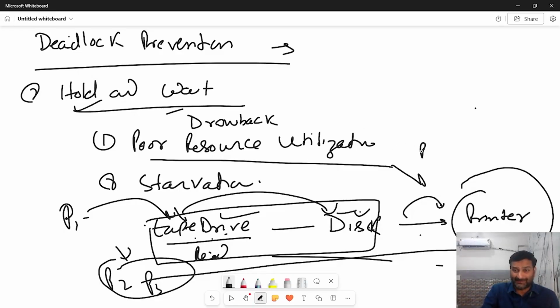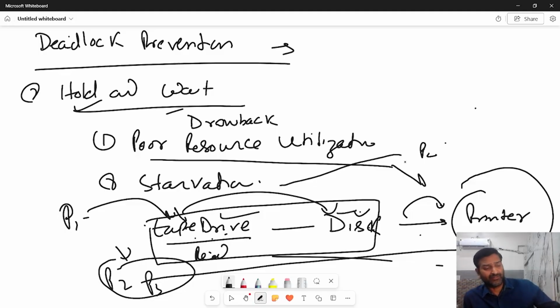So P2 and P3 are starving for the printer. So the solutions we discussed cause these two drawbacks: poor resource utilization, and we can easily understand it may lead to starvation also.